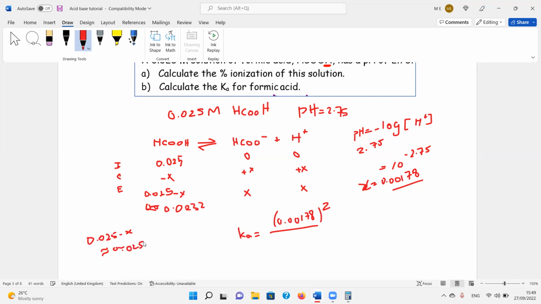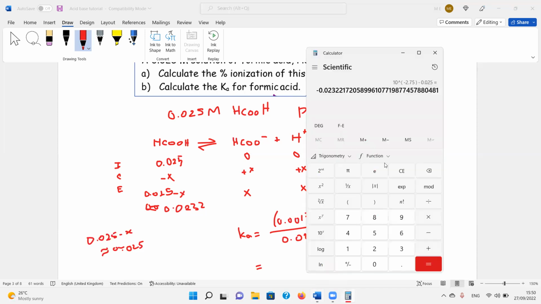And we do that to reduce any sort of mathematical complication. But since we know the value here, we shouldn't ignore it. So we should just use this and plug it in here. So this is basically 0.0232. And therefore the Ka will be the division of these two values.